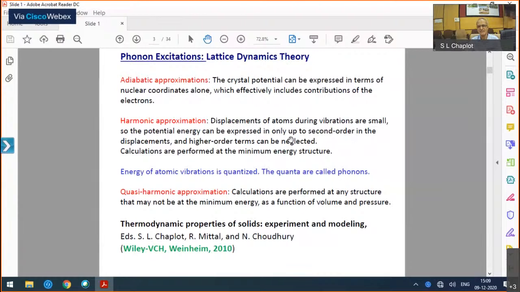The first order term is not there because at equilibrium the first order term goes to 0. So around the equilibrium, the minimum order term is the second order term.